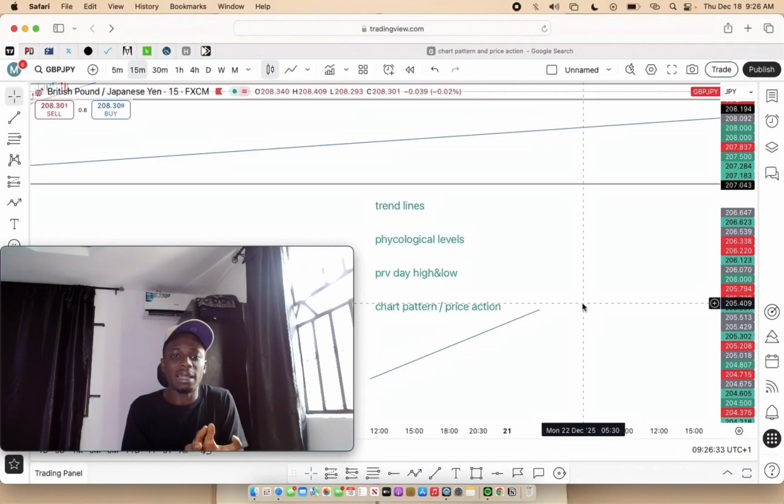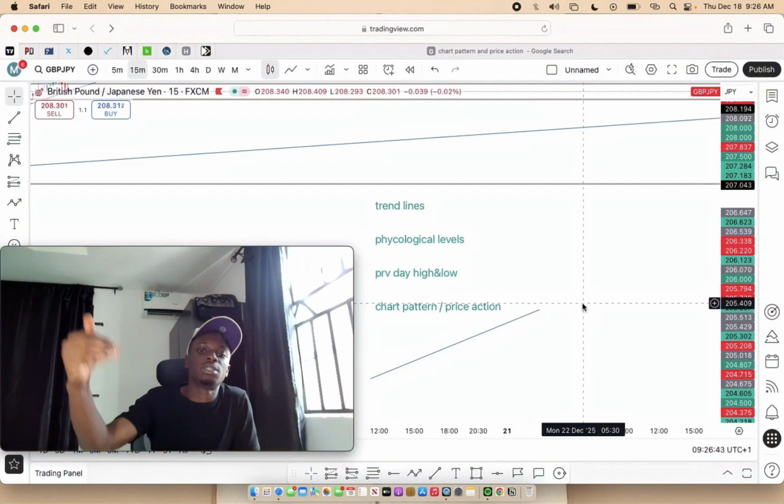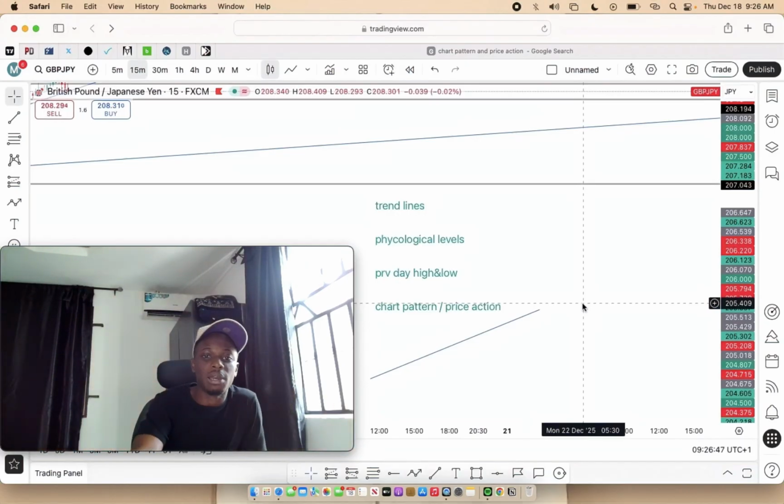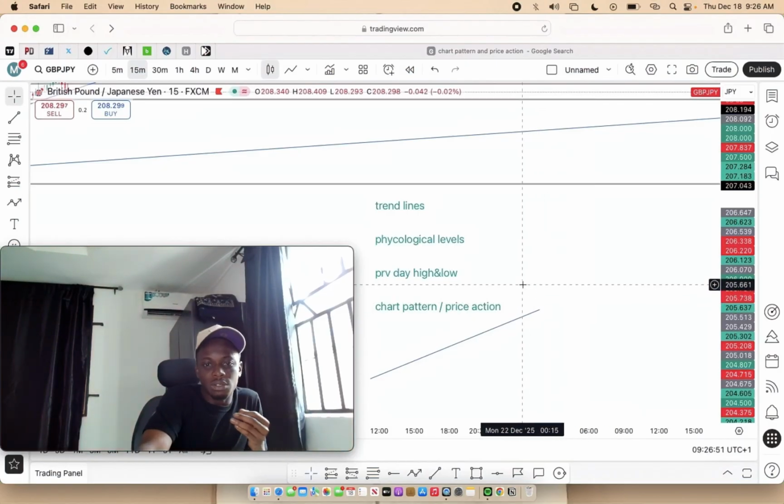If I'm looking to get a breakout there, that's what I'm going to position with the structure. This is most likely going to happen here, and I'm going to take this trade from 5 to 10, whatever. That's just a simple way I can balance it. So that's just the previous day high and low. On the chart, we'll see how it works very soon.